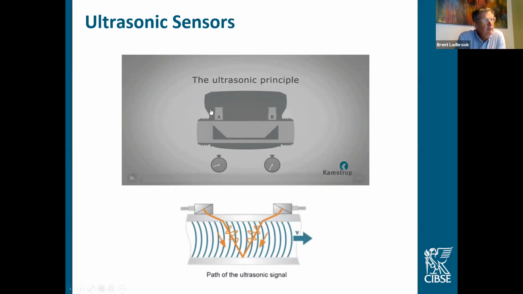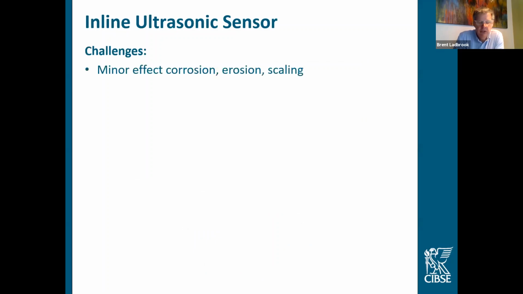In the top one, it's inline. The bottom one here, we can do that from outside the pipe. So there's no electric current in the pipe, there's no voltage or magnetic fields. It's simply a sound signal. So we're not subject to corrosion, erosion and scaling to nearly the amount that we would be with a magnetic or a mechanical flow sensor.